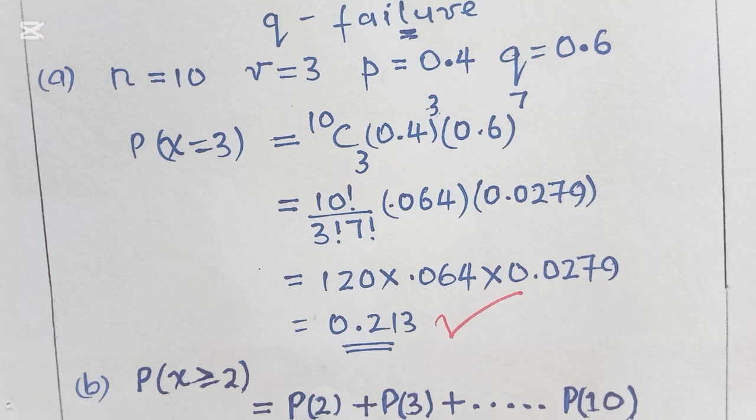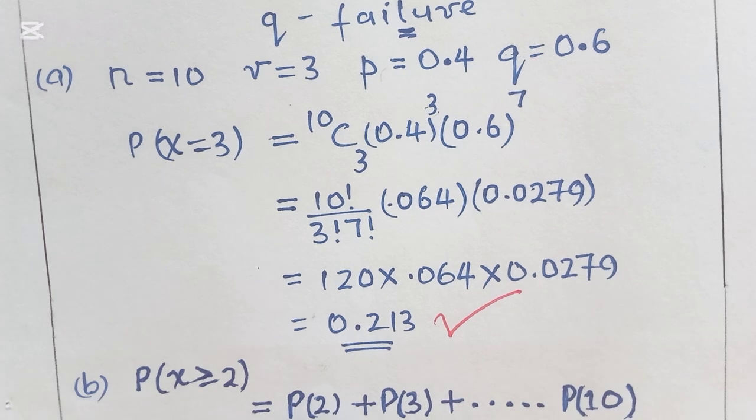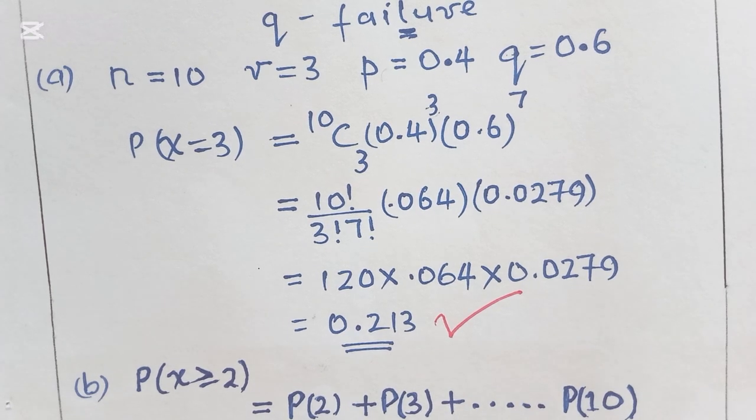Instead of using the lengthy one, we can use 1 minus, because the total probability is 1, then minus 0 resistors defective and 1 resistor defective. This is what gives us at least 2 resistors defective.